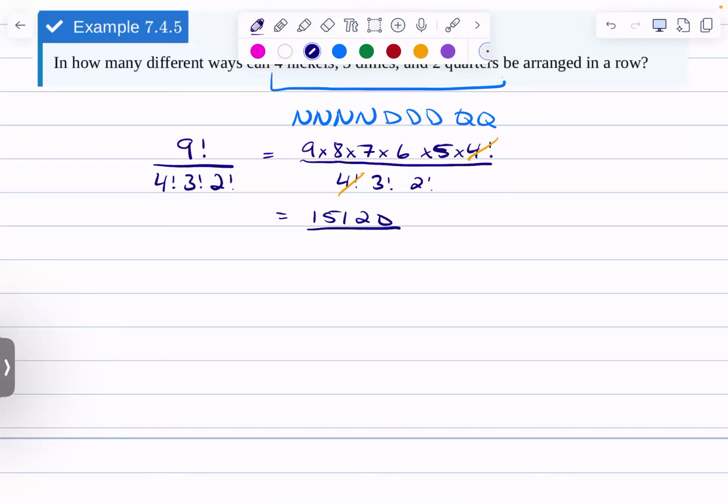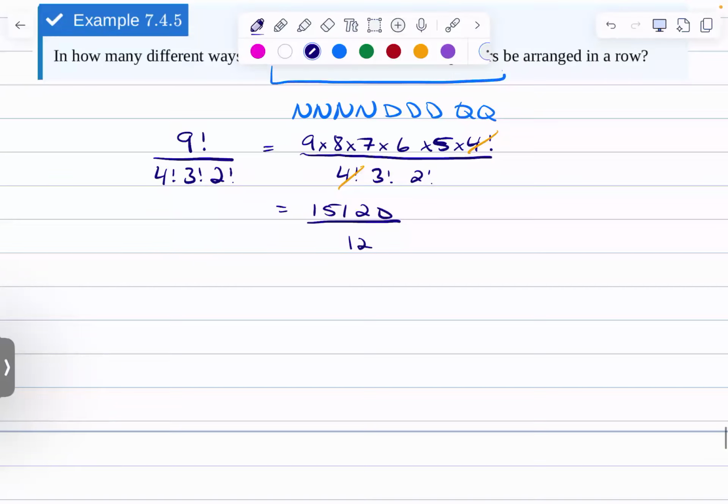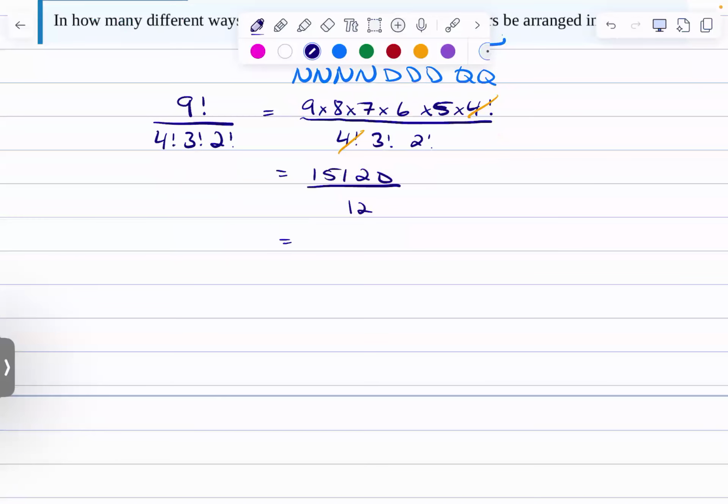And 3 times 2 times 1 times 2 is 12, because 3 factorial is 6 and 2 factorial is 2. Good. I get 1,260.